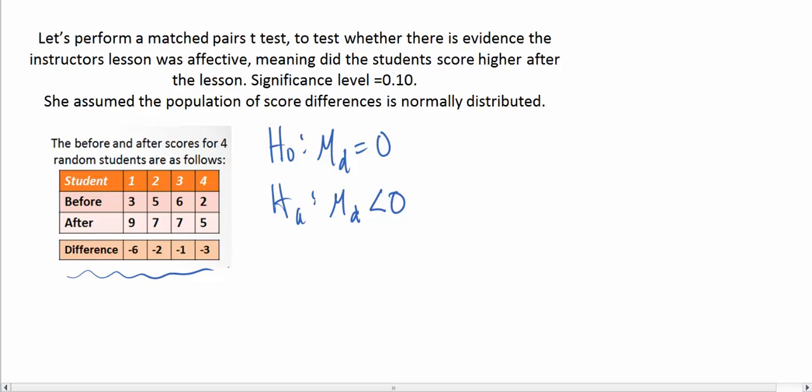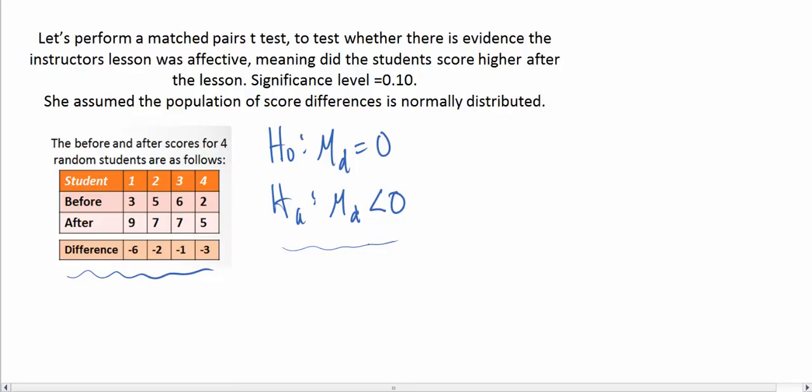If the overall average is negative, then this will give us evidence that the lesson was effective at improving the scores. So mu d will be less than 0 for our alternative.